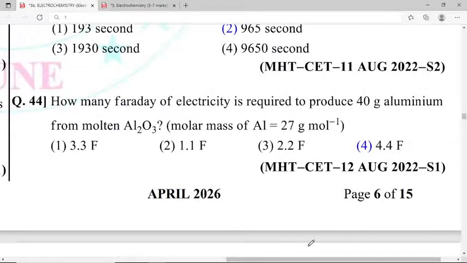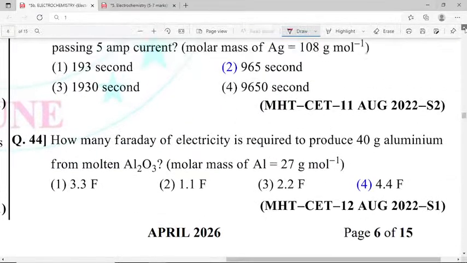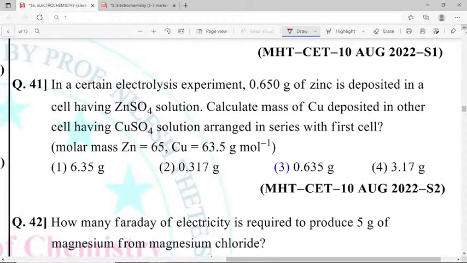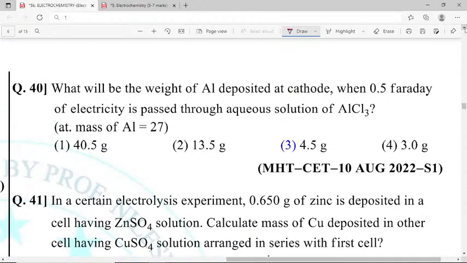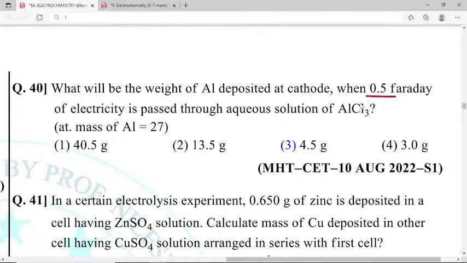Next question. What will be the weight of aluminum deposited when 0.5 Faradays of electricity pass through aqueous solution of AlCl3? So this is the Faradays of electricity. W is equal to what we have to calculate. So this is 0.5 Faradays, that is the mole, multiplied by mole ratio.